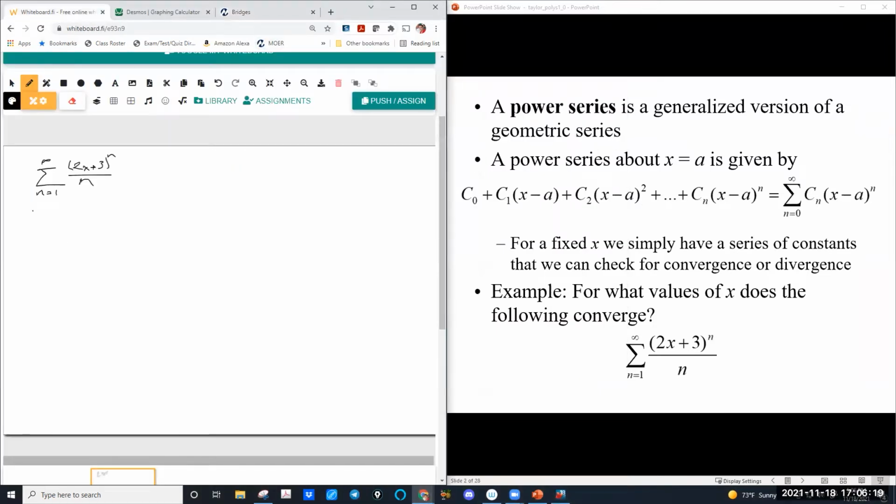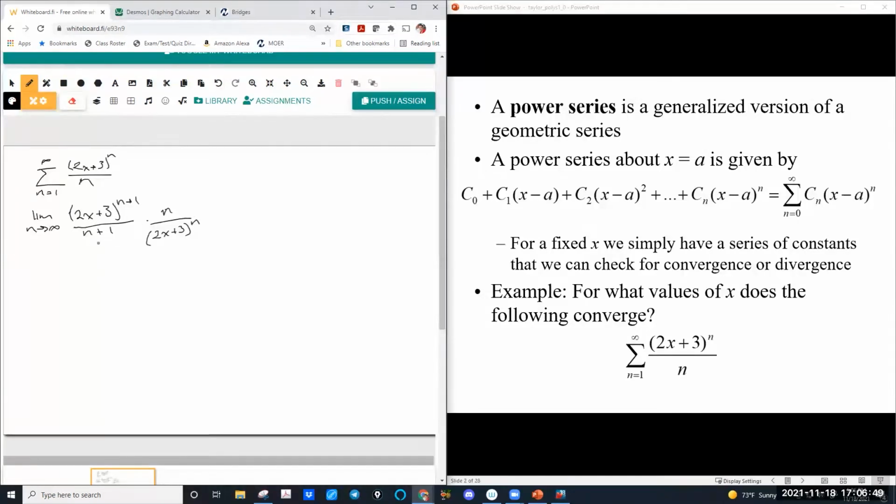All right, so we've talked about the ratio test before. We're doing the limit as n goes to infinity of, remember it's a sub n plus 1, (2x + 3)^(n+1) over n plus 1. And then we multiply by the reverse of our general term, n over (2x + 3)^n.